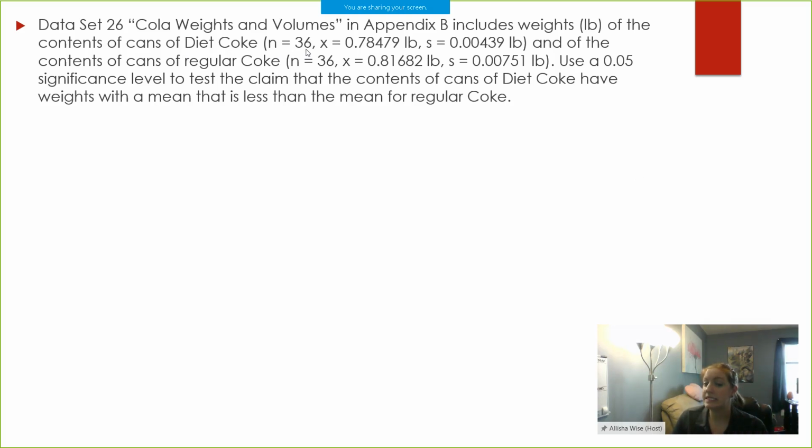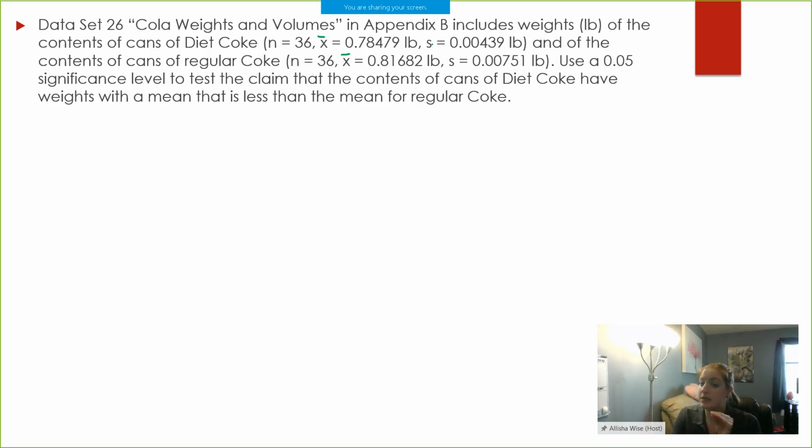N is equal to 36, so they weighed 36 cans. Sample size was 36. That should read X bar. If it doesn't read X bar on your sheet, please change that. So X bar, the average weight, was 0.78 pounds. A little under a pound.